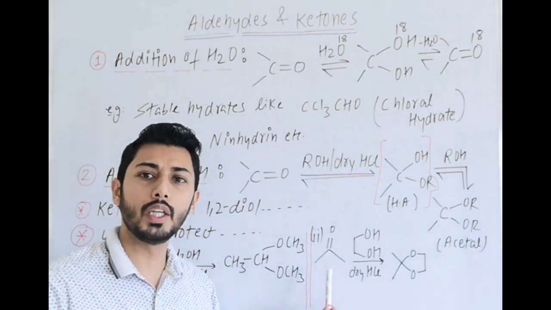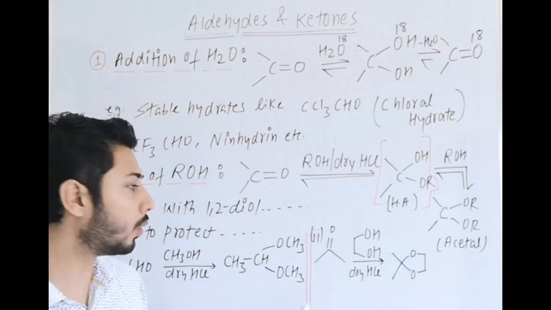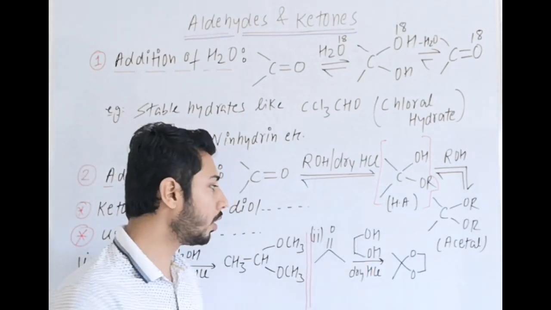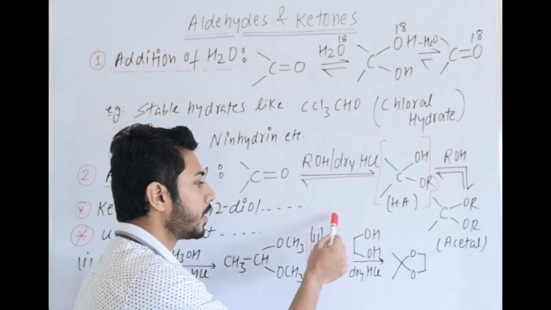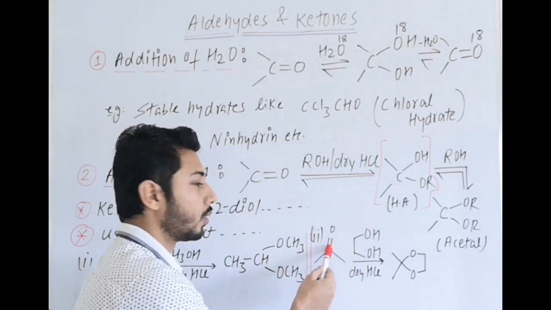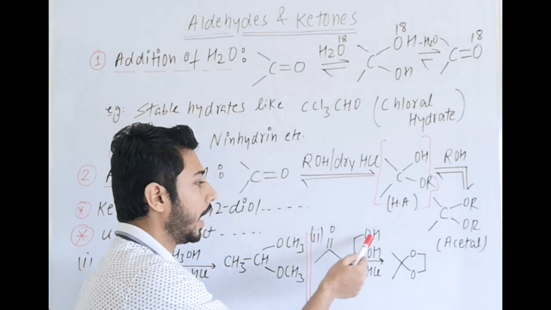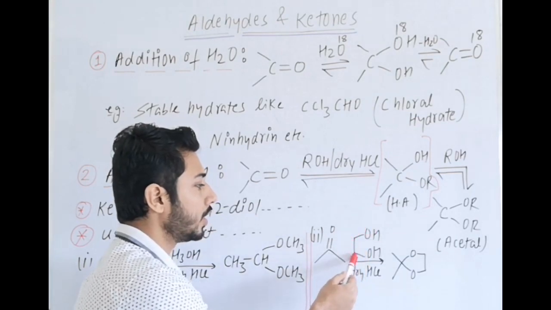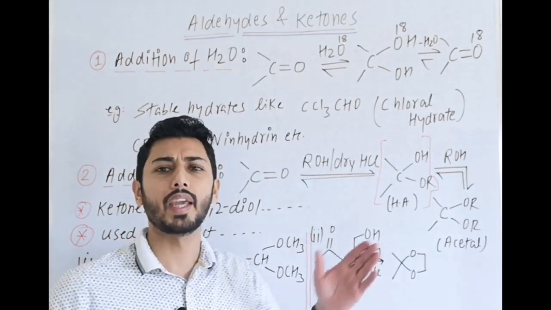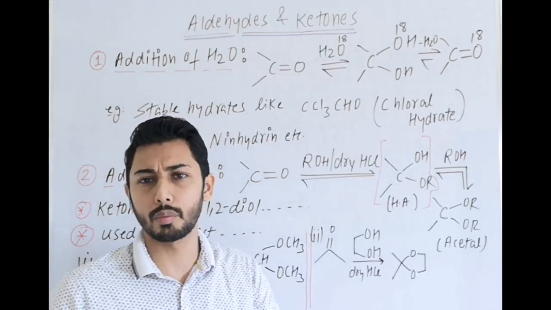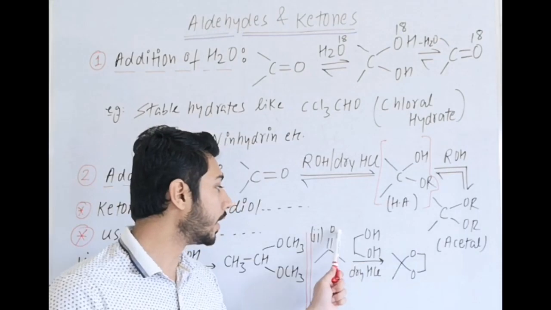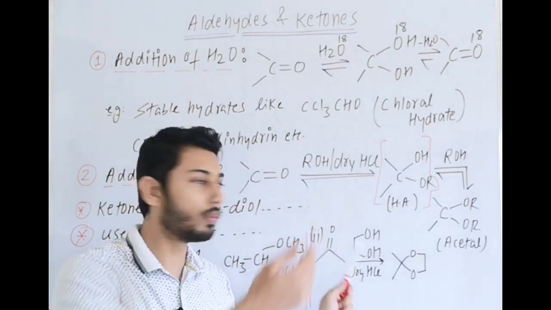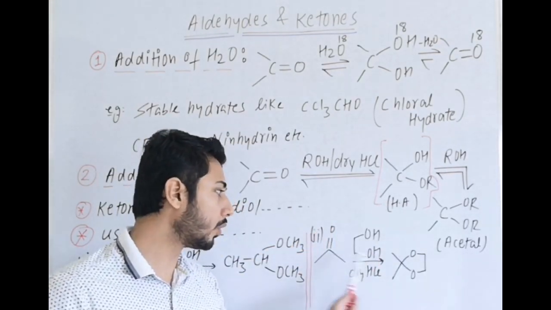Second is ketone. With ketone we use 1,2-diol. Here ethylene glycol is used. Firstly, it gets protonated, OH, and oxygen will attack as nucleophile. OH is there and this OCH2CH2OH will add. This is the hemiacetal or hemiketal formation. Then within the same molecule there is still one more OH, that OH will leave as H2O and another attack of nucleophile.